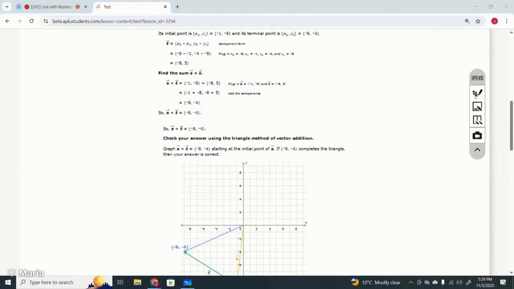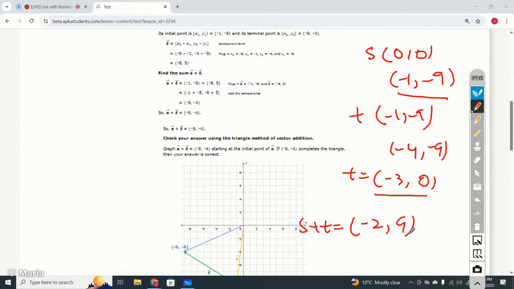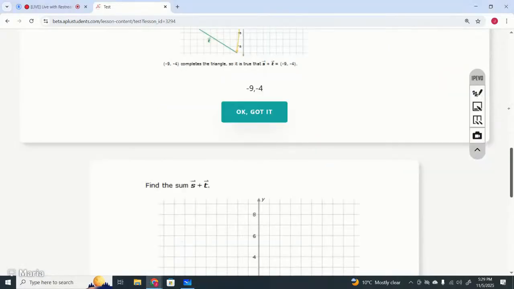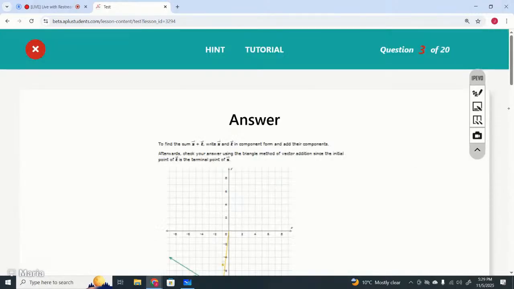So for the last question, negative 9 and negative 4. Oh, x is negative 9 and negative 4, right? So the correct option is negative 9, negative 4.